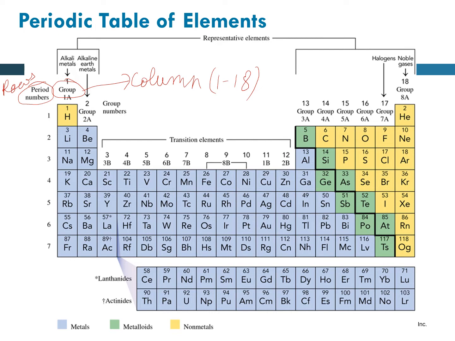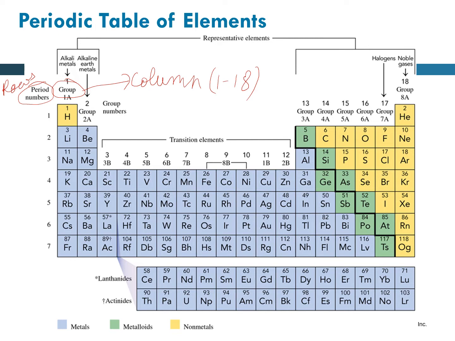Whereas everything here in the middle is referred to as a number followed by an alphabet B. So this is basically group 3, but it is 3B, 4B, 5B, 6B, 7B, and everything basically in the middle is a B. Everything up top here are A's.